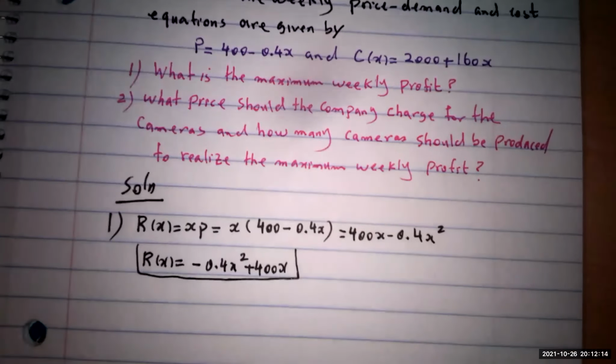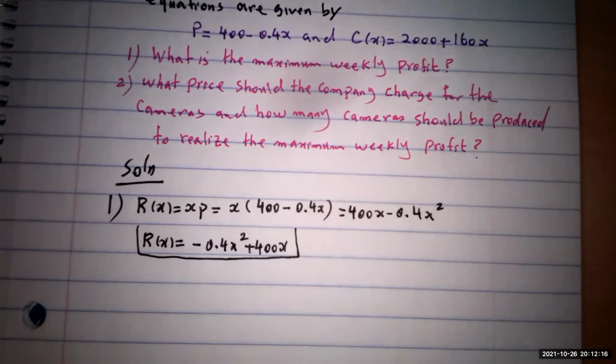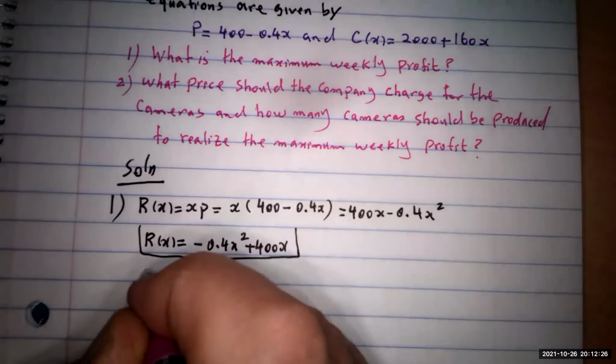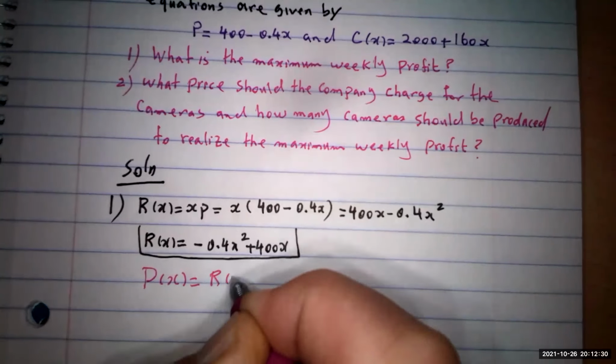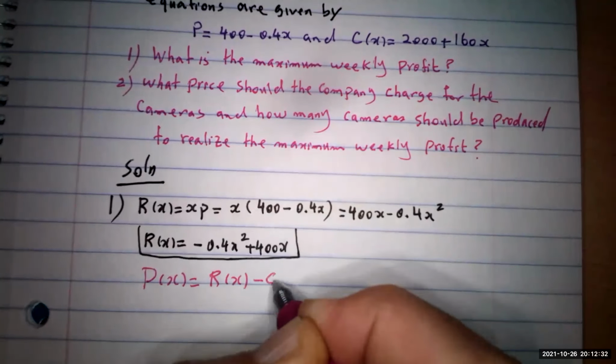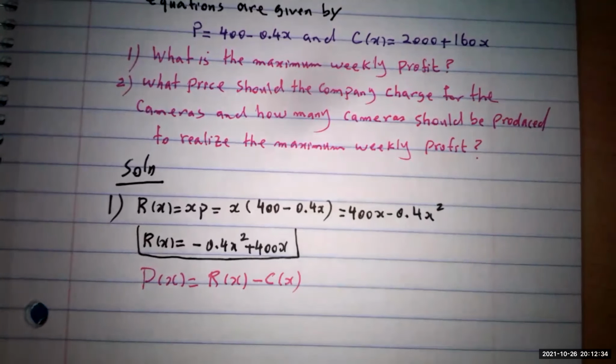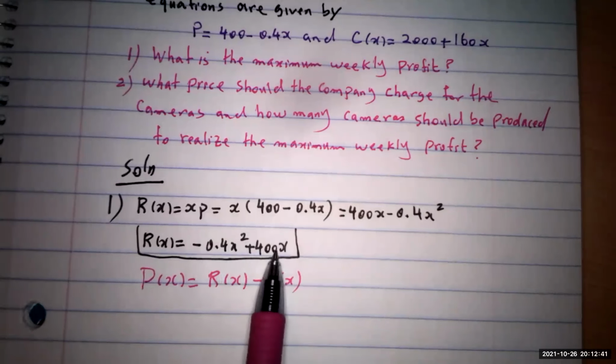But remember, you're not to do anything more with this one because that's a profit problem. So you continue to get the profit. The profit function P of x is the difference between the revenue and the cost. Now we substitute. That's the revenue function, and the cost function is given to you.